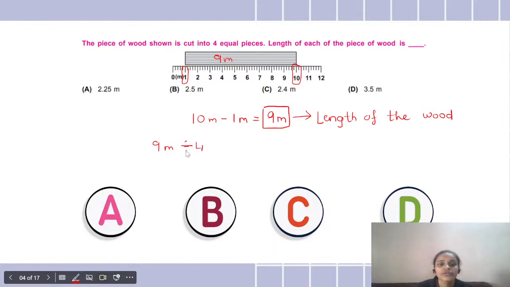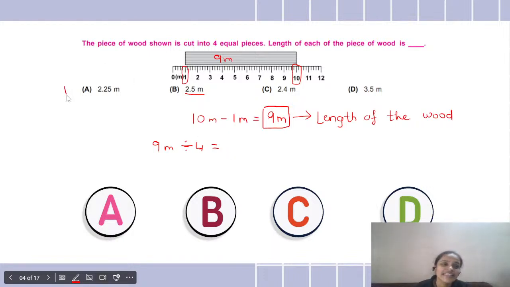Right? So how much will I get for one piece, correct? 9 divided by 4. Come on now, can you all divide 9 and tell me what is the answer? How is it going to be? Option B says 2.5. So when I divide 9 by 4, do I get 2.5?